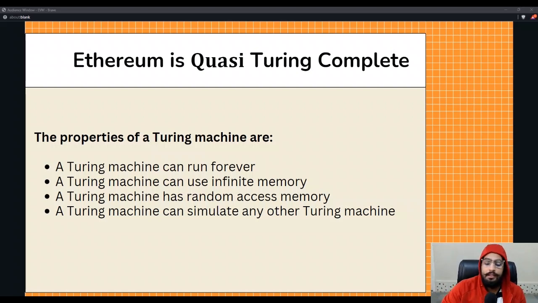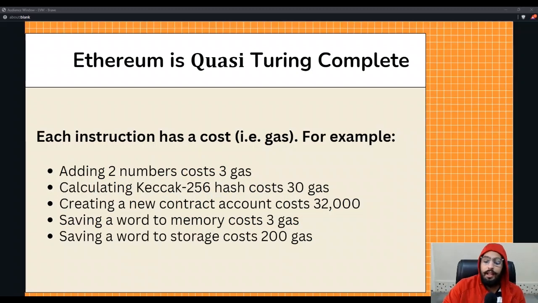But Ethereum doesn't have these properties, because in Ethereum we cannot have programs that can run forever. We cannot allow programs to use infinite memory. If you recall, in a Turing complete machine, any program can run forever and use infinite memory.